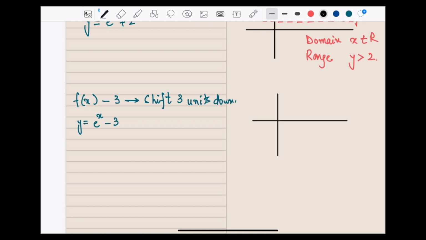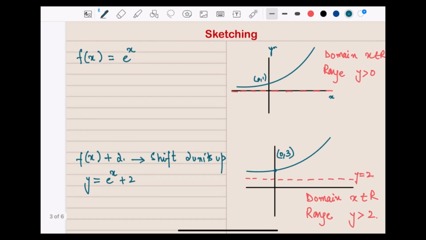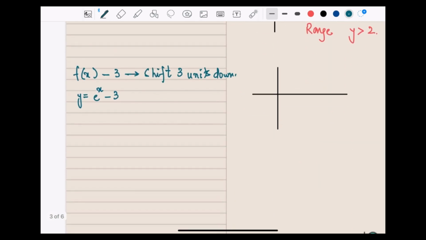So if this is my x-axis, and since initially it was passing through 0, comma 1, after shifting 3 units down, it will touch the value 0, comma minus 2.